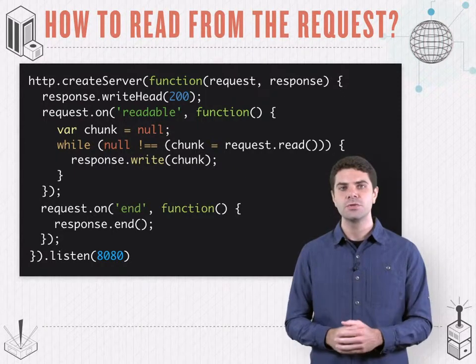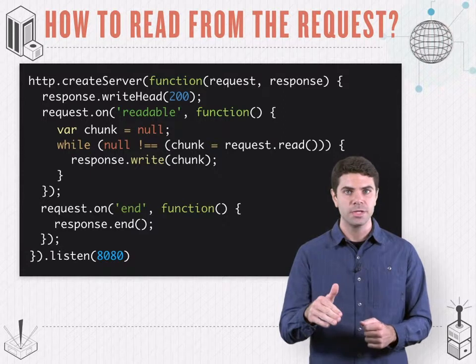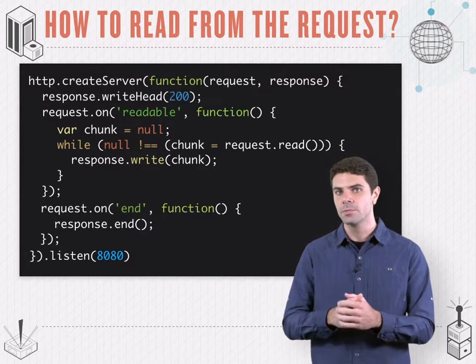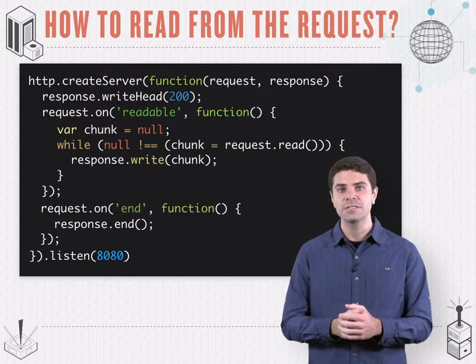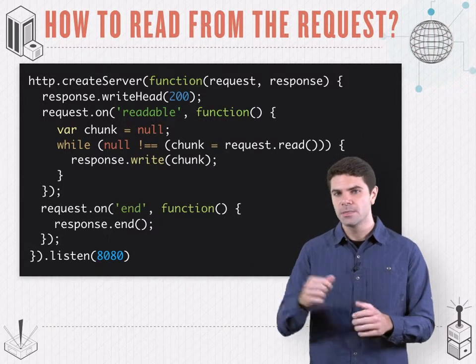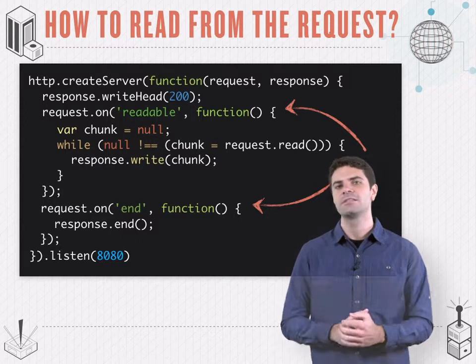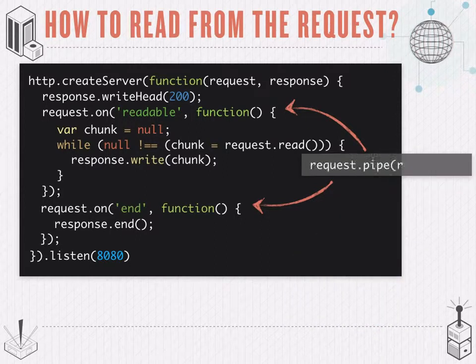When all we need to do is write to a writable stream as soon as we read from a readable stream, which is exactly what we're doing here, Node actually offers a helper method that we can use to pipe these two operations together. This method is called pipe. Pipe handles all of the event listening and chunk reading behind the scenes.